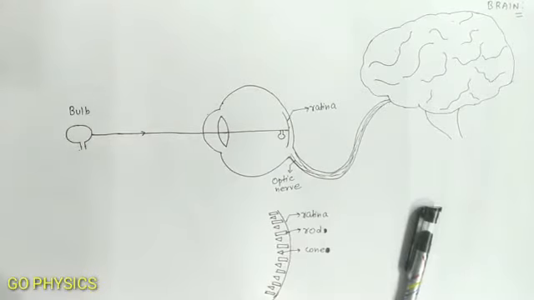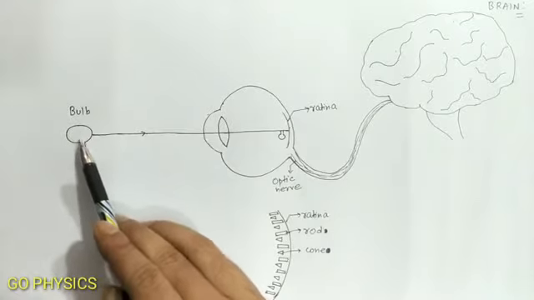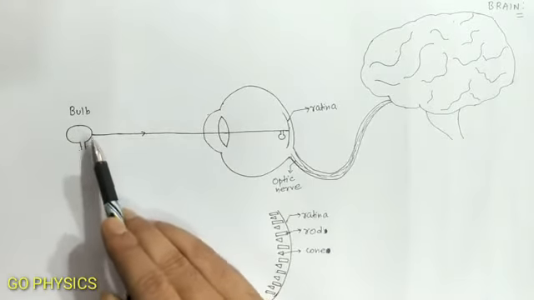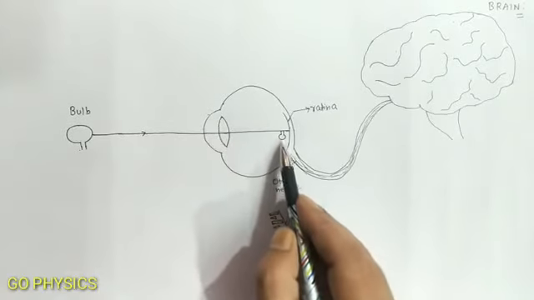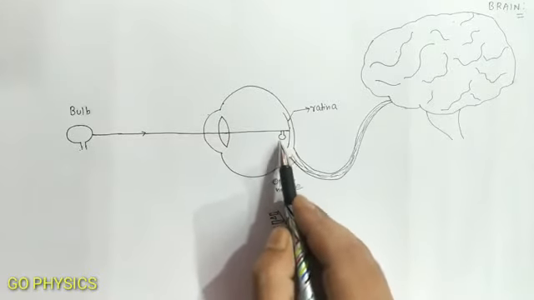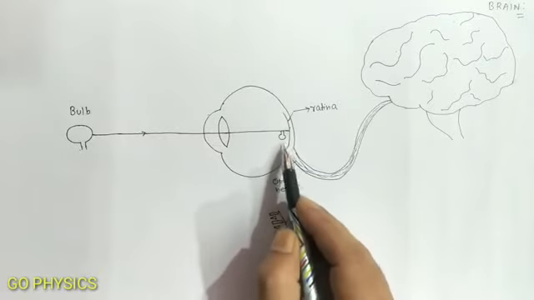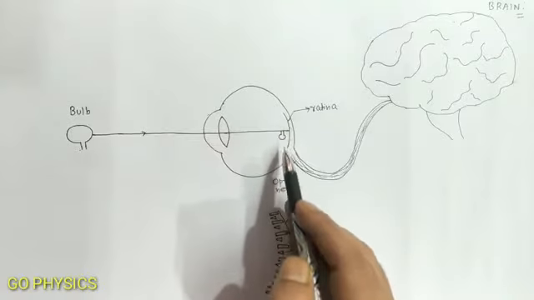So now in this lesson we will see how we see an object. When light from a source, let us suppose the source is a bulb here, enters into our eyes, an inverted, real and highly diminished, meaning very small in size, image is formed on the retina. You can suppose the retina as a screen.